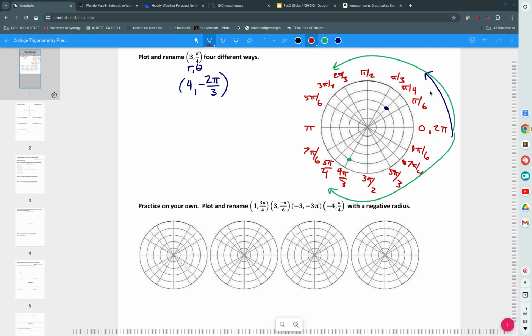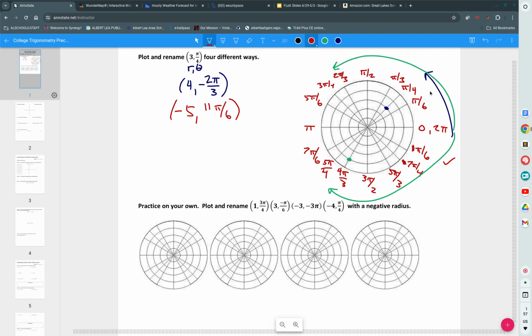Now we're going to get a little bit tricky here. I'm going to plot negative 5, 11 pi over 6. Does that look a little bit scary? We first rotate 11 pi over 6, which obviously brings us right out to this spot right here. Are we okay with that? Now the difference is the radius is negative.